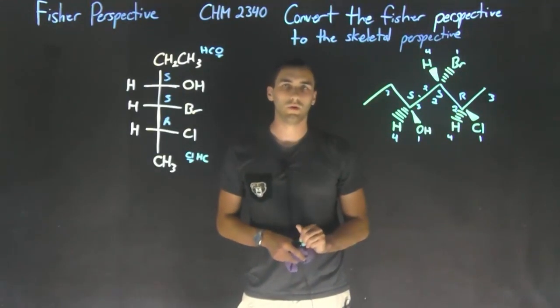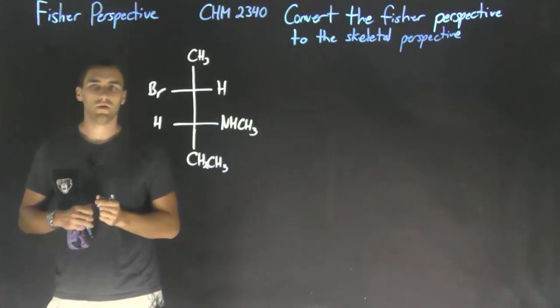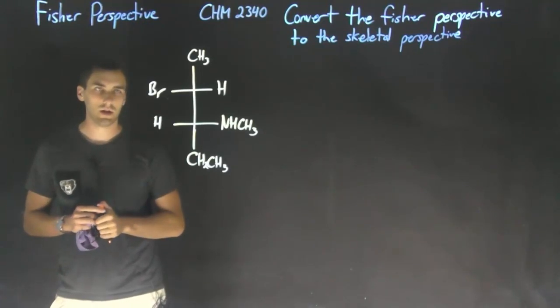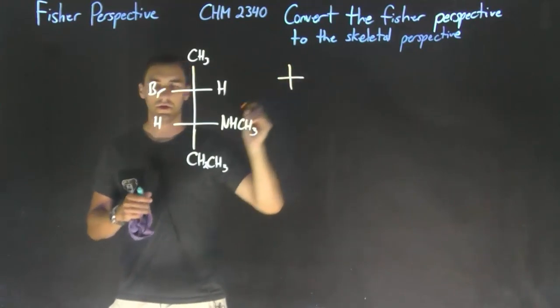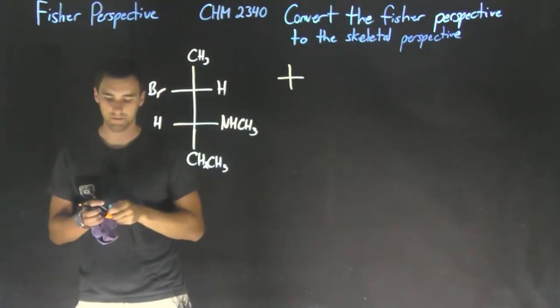Now we will do one more molecule. So for the next one, we will be doing the exact same process. We first determine the stereochemistry.